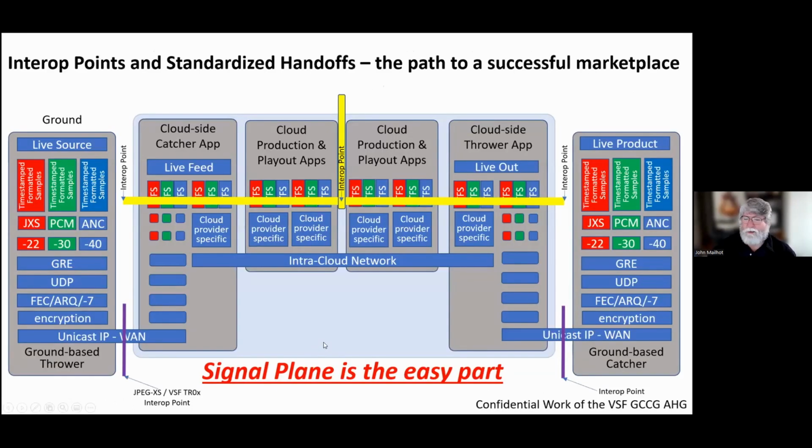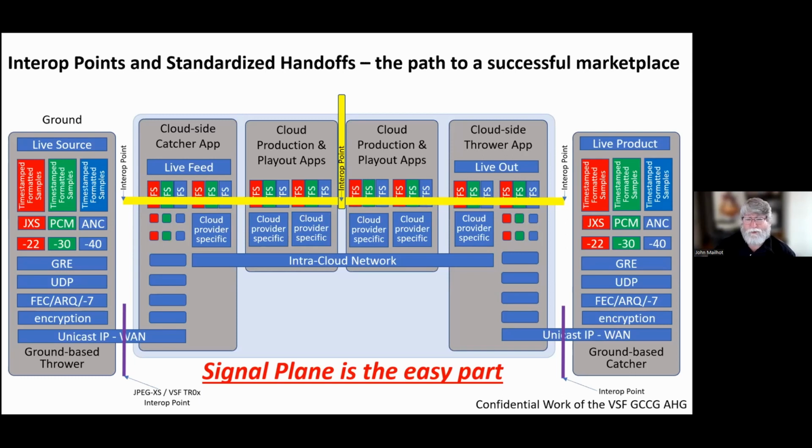So ultimately, we get back to this idea of what are these planes of handoff. We have this JPEG XS, TR-09 interop point going ground to cloud and cloud to ground. And then between instances in the cloud, we have a well-defined application handoff from buffers in application space to the cloud provider specific transport.